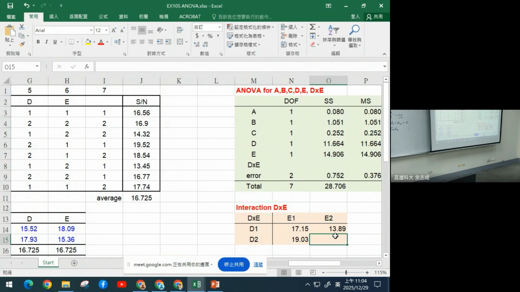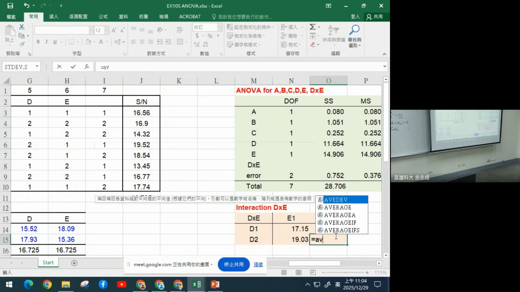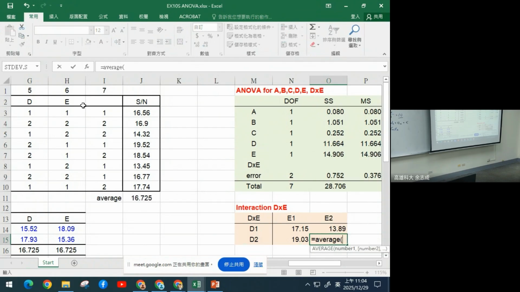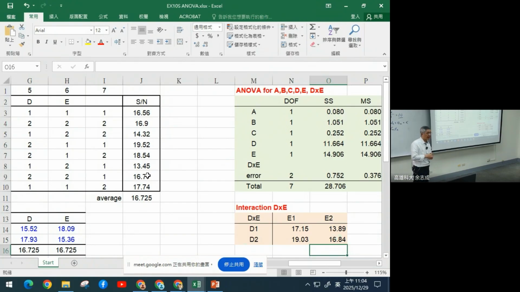The last one, 2, 2, this one, and 2, 2, this one. DE, 2, 2, that one. So you can finish the combination for interaction DE.